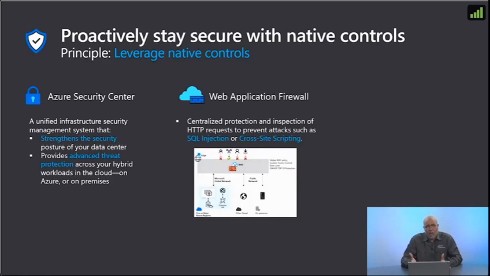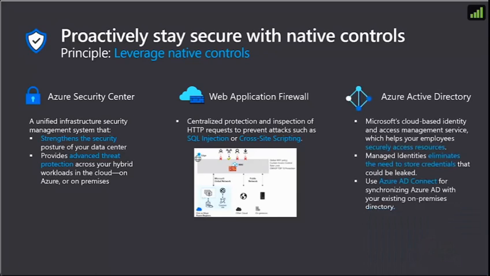We also have the web application firewall. This gives you centralized protection and inspection of HTTP requests to prevent attacks like SQL injection or cross-site scripting. And then we also have Azure Active Directory. This is Microsoft's cloud-based identity and access management service, which helps your employees securely access resources that you're running in your Azure account.